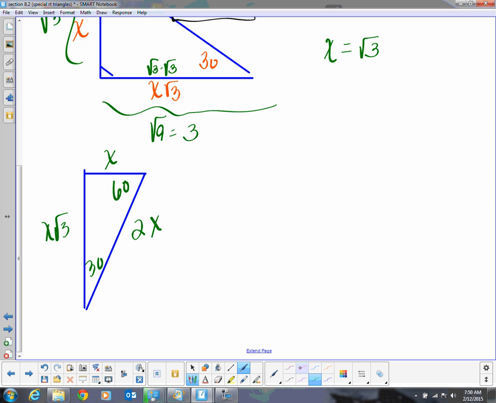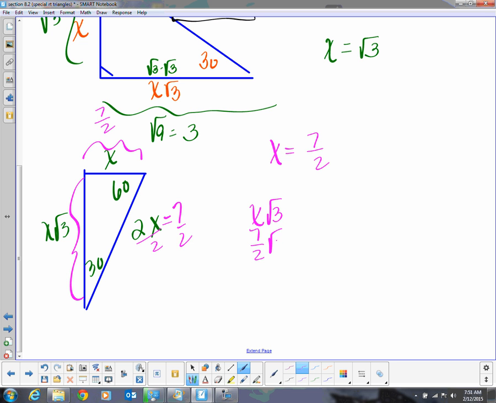They told us that this is 7, so we have to solve. So my x is 7/2, which makes this side 7/2. And in order to get this side over here, that's going to be x square root of 3. I put 7/2 in for x. It's going to be 7/2 square root of 3.